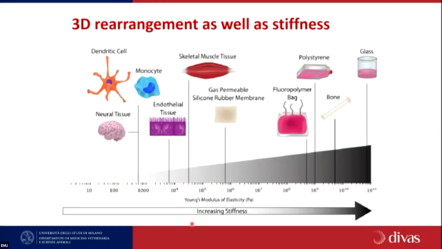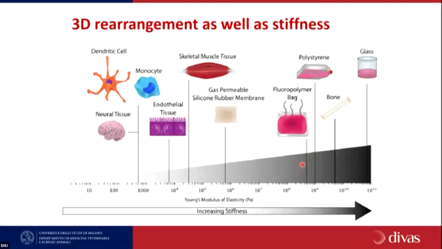We have to keep this in mind, because when we grow neurons, for instance, and try to differentiate neurons from stem cells, if we use a plastic device, mind you, this is the position where Petri dishes and flasks sit on the stiffness scale. We are telling our cells that we want them to differentiate towards a neural phenotype using growth factors or whatever soluble factors we chuck in the culture medium.